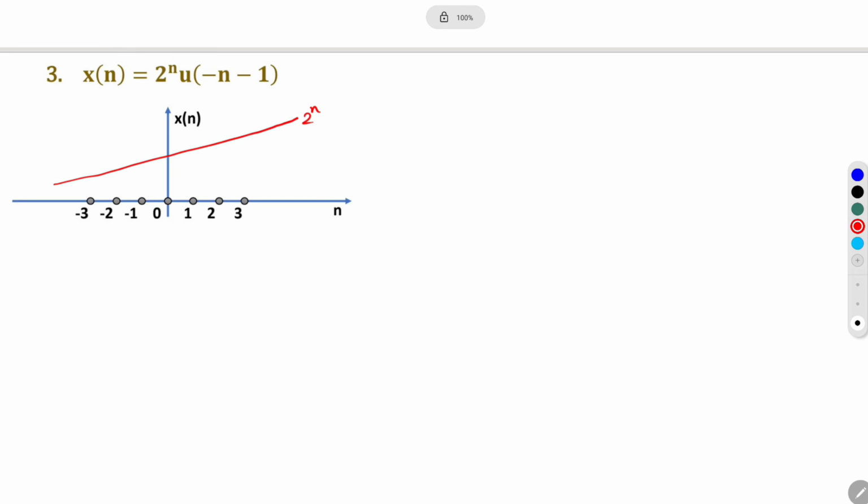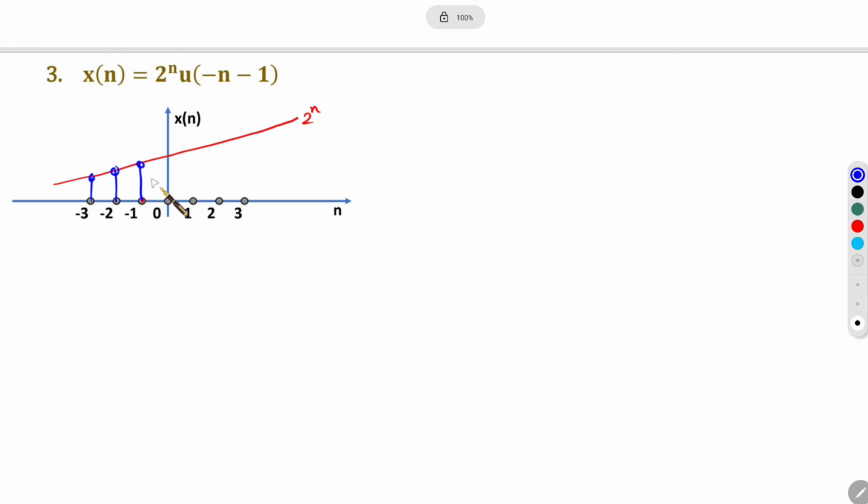Now here, 2 to the power n into u of minus n minus 1 is there with us. Obviously this signal will start from n equal to minus 1, which means it will start from here, right? And since we have minus n minus 1, it will go towards negative infinity. So this signal will appear like this, in this direction.